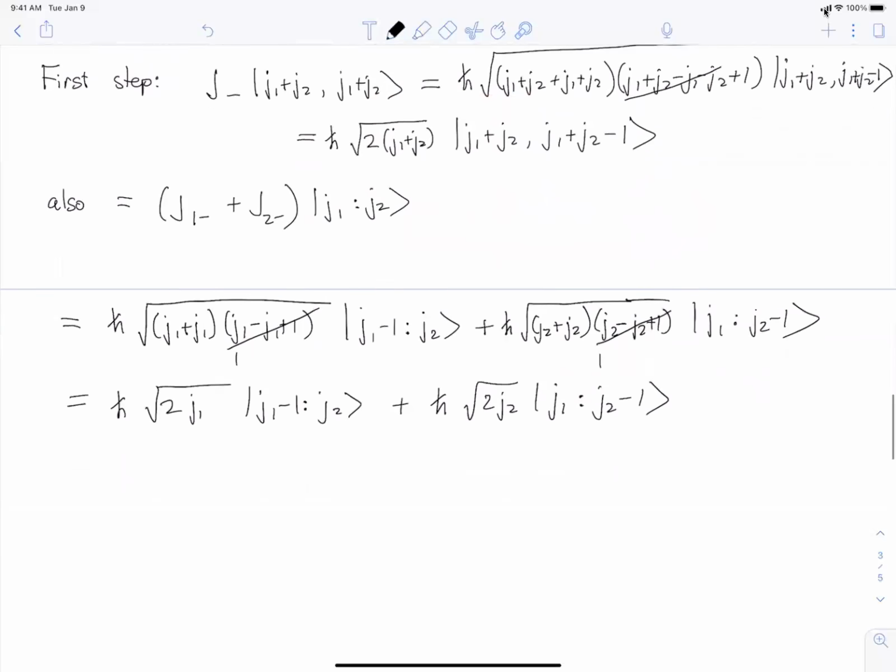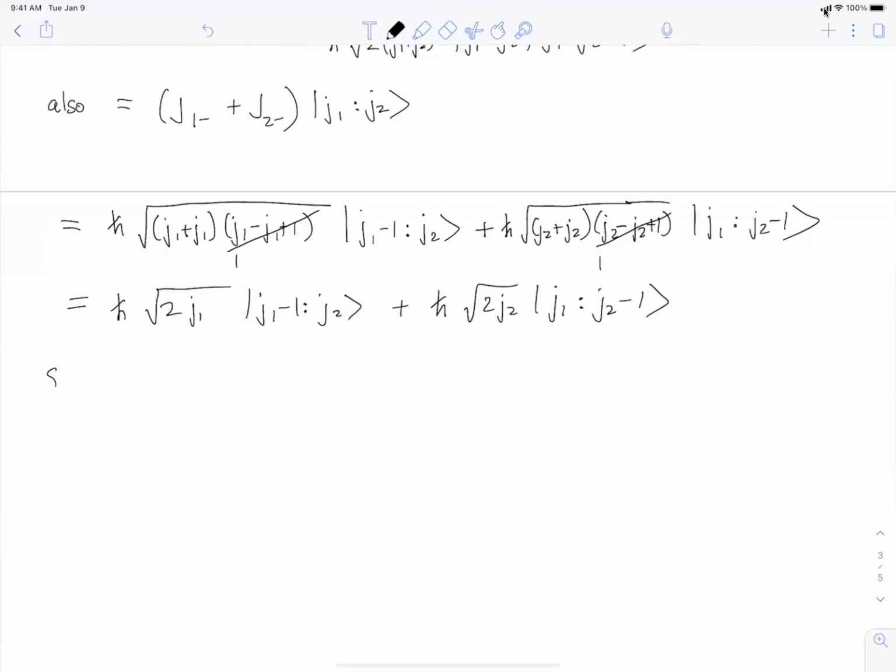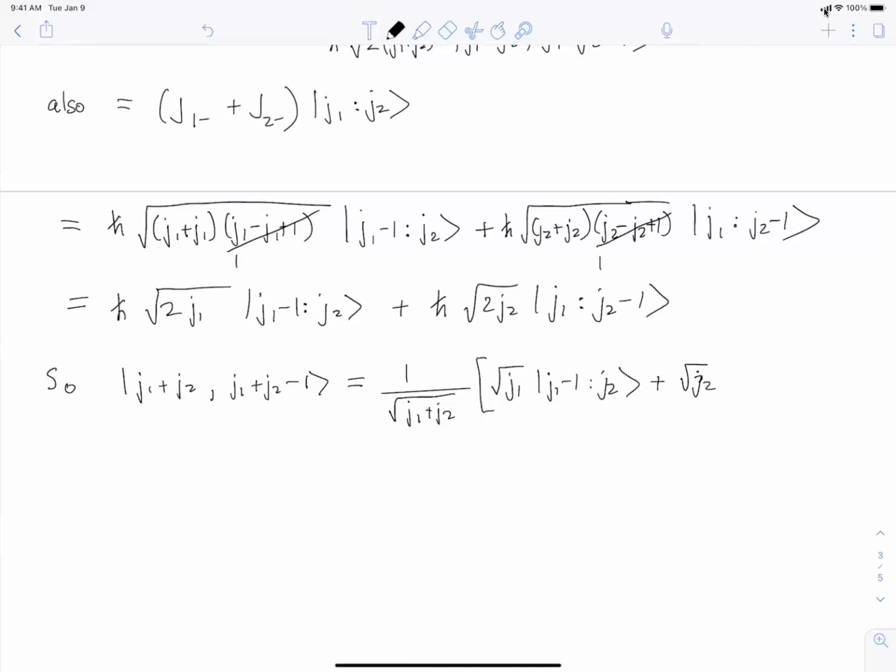Okay, and so now setting those things equal to each other, we learn that the total basis state J1 + J2, J1 + J2 - 1 is equal to, the h bars of course cancel, 1 over square root of J1 + J2. The square root of 2's also cancel, and we get square root of J1, and square root of J2 here for this one.